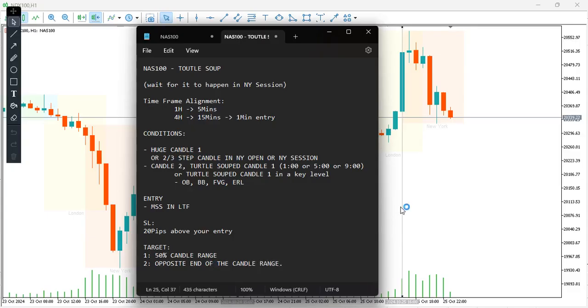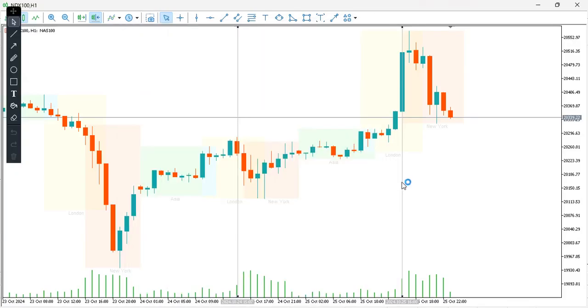We start from today. It's a wonderful trade I took. What do we see here? It happened in the New York Open. This is the 1, this is the 2, and that's it.